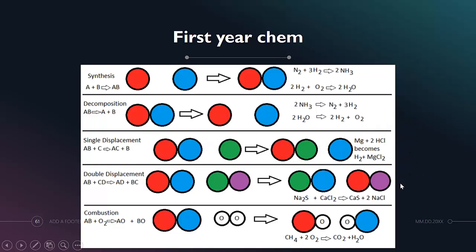A double displacement reaction is what we've seen in all of our precipitation things we've talked about, where 2 compounds, their anions and cations switch. So some compound reacts with another to produce some different set of compounds.